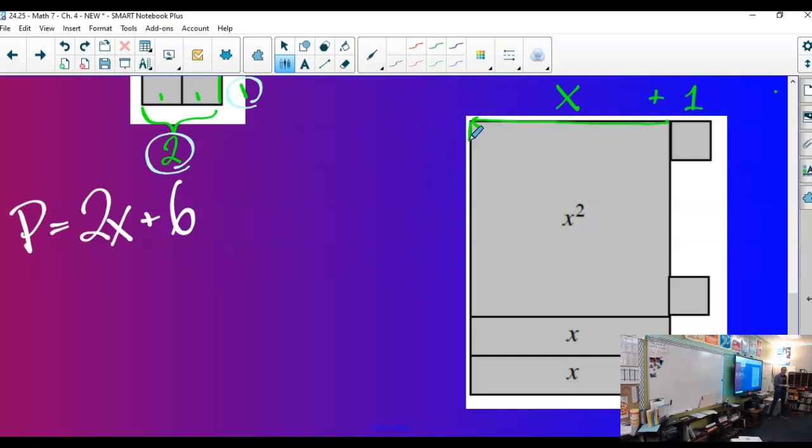No, but like perimeter. We're just doing perimeter right now. Of the left side. X from right here, and then 2 from right down here. So we get x plus 2 for the left side.